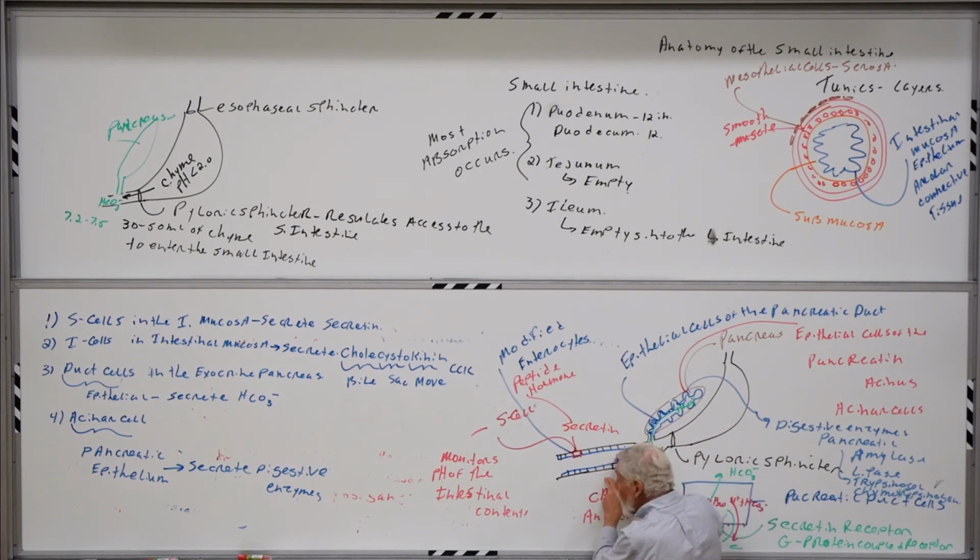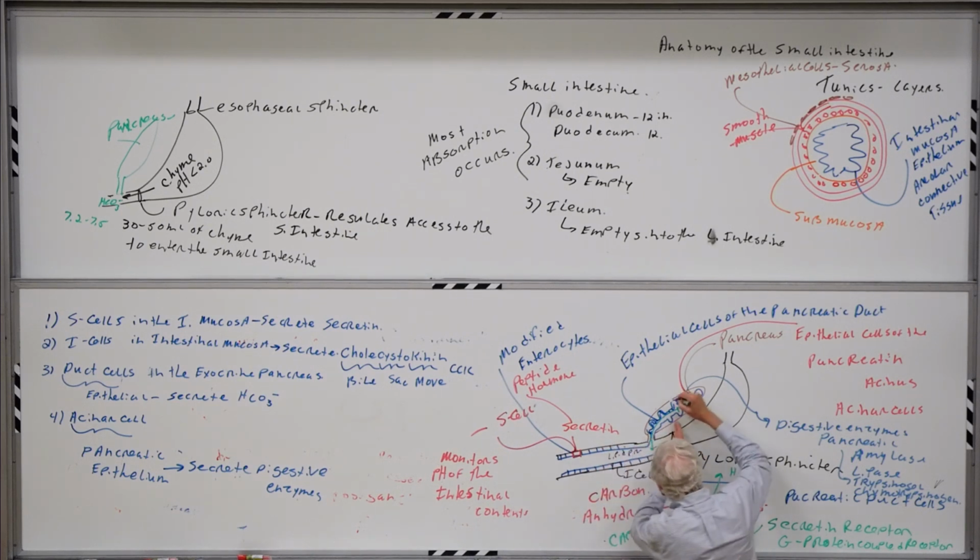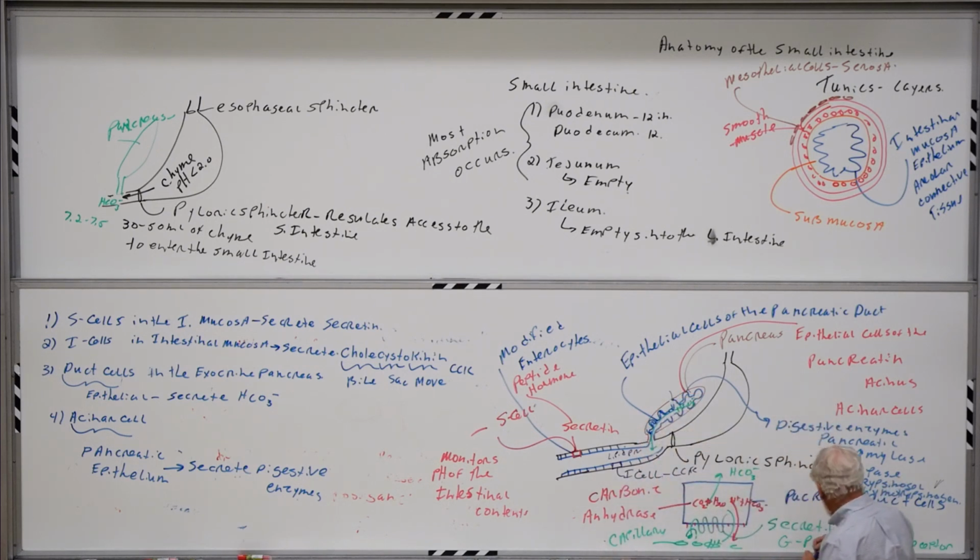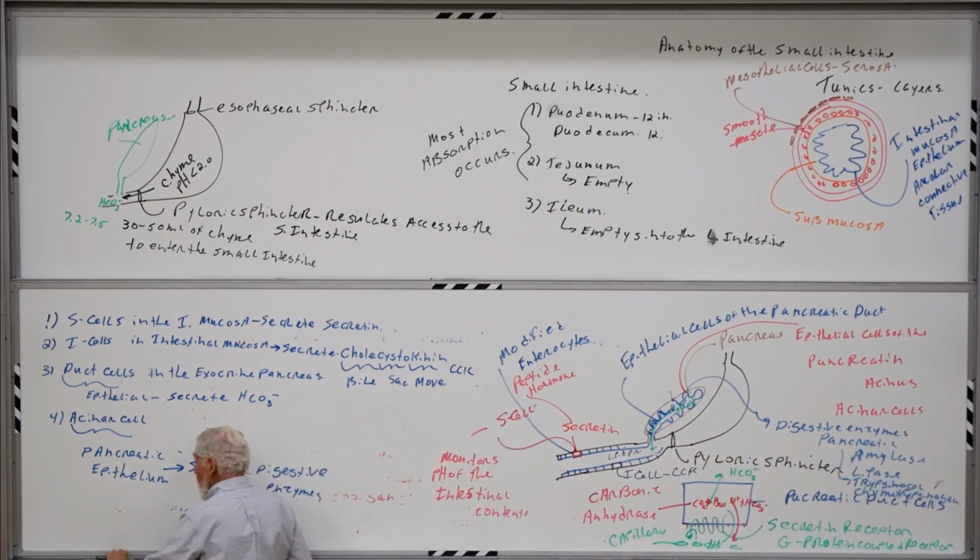And the I cells, when they recognize lipid and protein, release CCK. The CCK then goes into the blood vascular system and will then bind to these epithelial cells, the acinar cells in the pancreas, and that leads to the release of these digestive enzymes. Next time what we'll do is we'll talk about how these digestive enzymes are working in the bulk phase and the final digestion is in the brush borders.